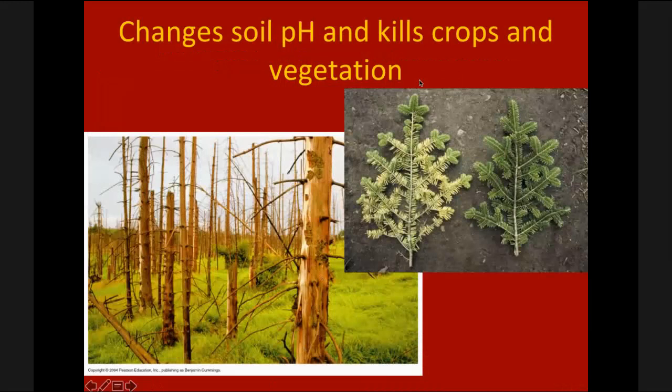So if it's dissolving a stone building, you can imagine that it's also going to be interacting with the natural environment. And in Europe, especially, we're starting to see a lot of impacts of the acid rain, changing the soil pH so much that it can kill off entire forests. We're seeing some of the damage of this even here locally in the Sierra Nevadas, right, in our mountain ranges.